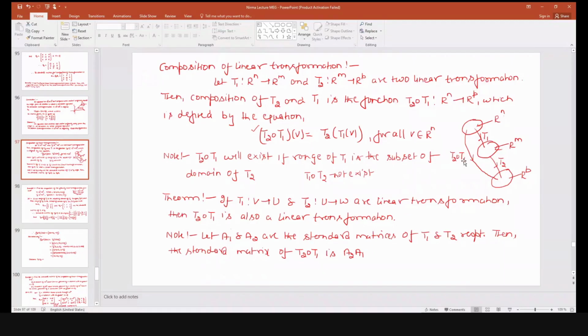Then T2 ∘ T1 will exist. If you calculate T1 ∘ T2, the range of T2 should be a subset of the domain of T1. Is it true here? The range of T2 is a subset of Rp, which is not the domain of T1. So T1 ∘ T2 does not exist here.